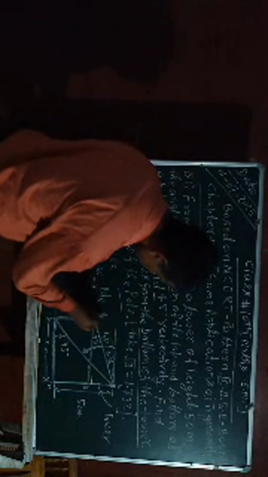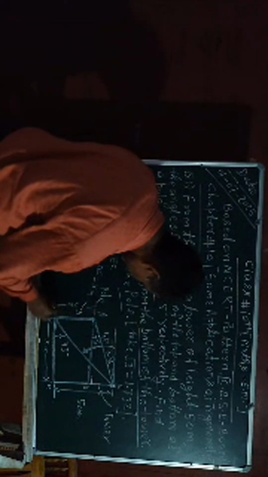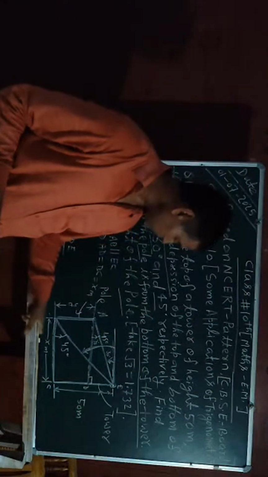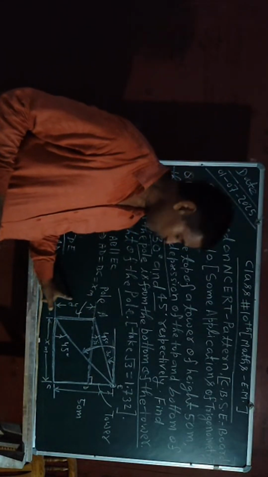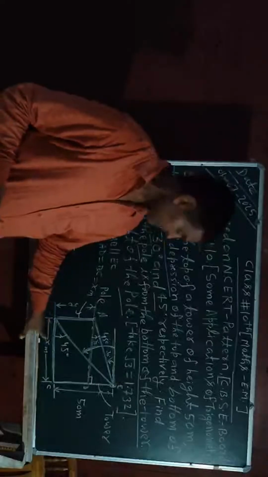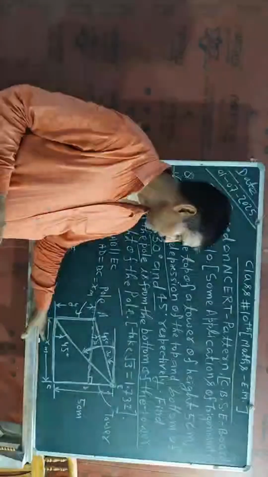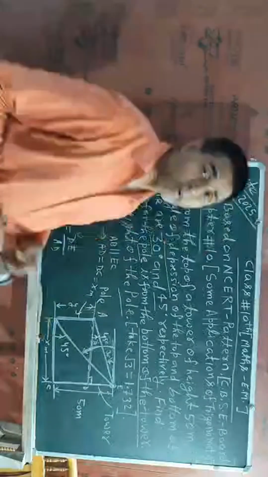Now I will also draw a line from this point and put here y. This length is y, so the calculation will be easy. Here I am going to consider two triangles, so I will get two equations in two variables, x and y. In other words, x is one parameter and y is another parameter. So we have to get the value of parameter x and parameter y.